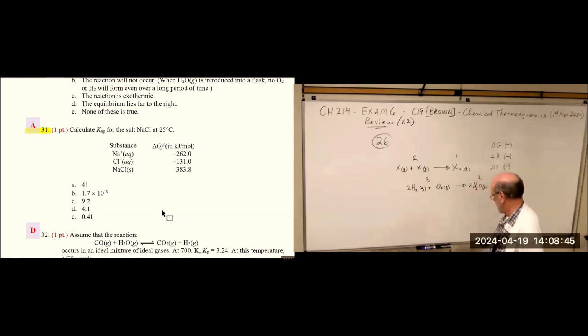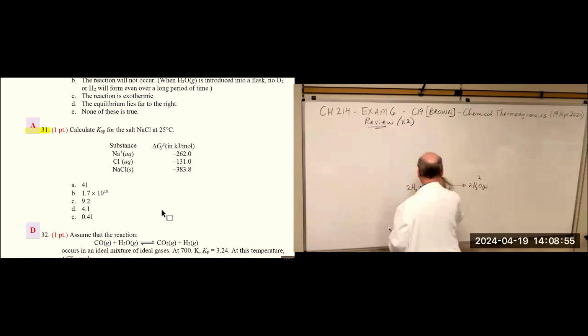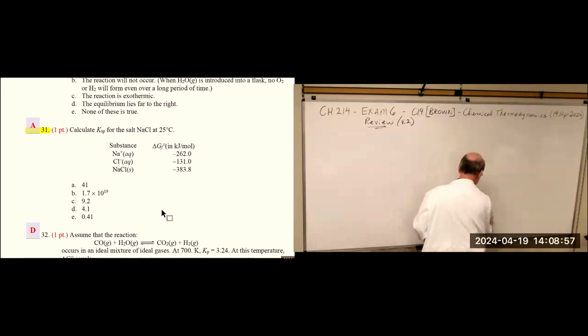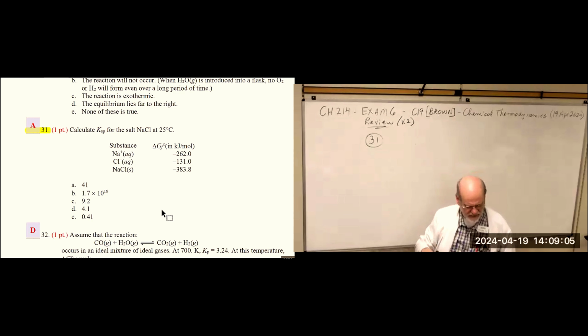All right. Let me see if I can do this one without messing up. All right, 31. Calculate Ksp for the salt sodium chloride at 25 degrees. All right.